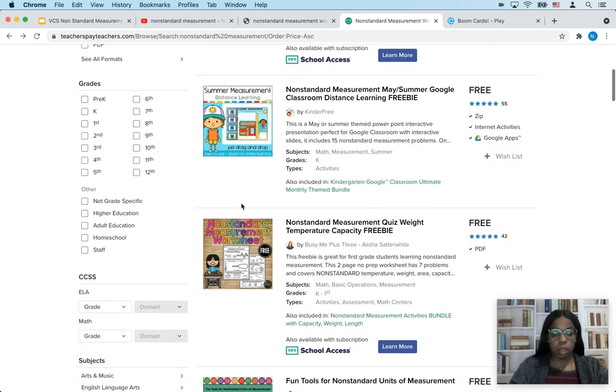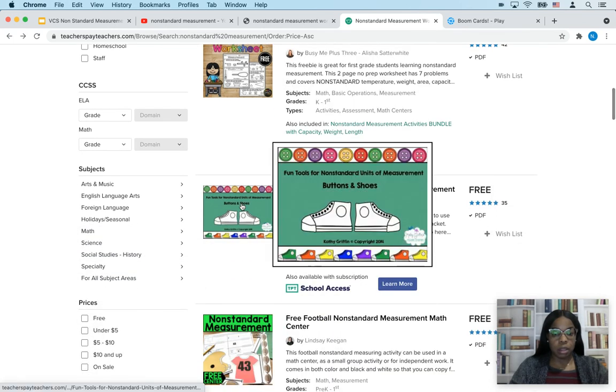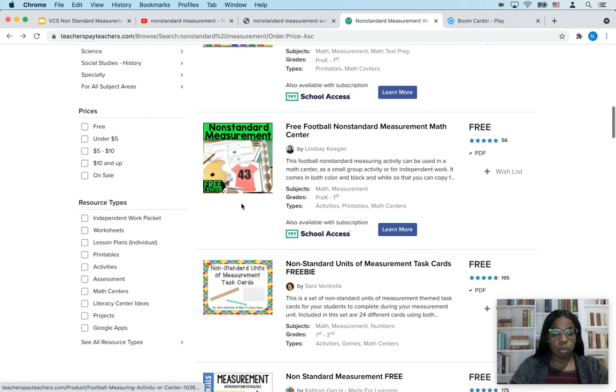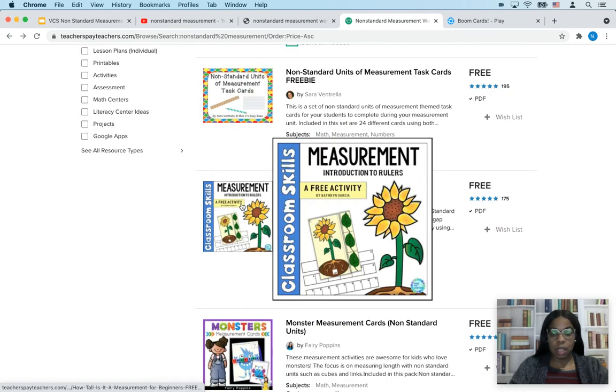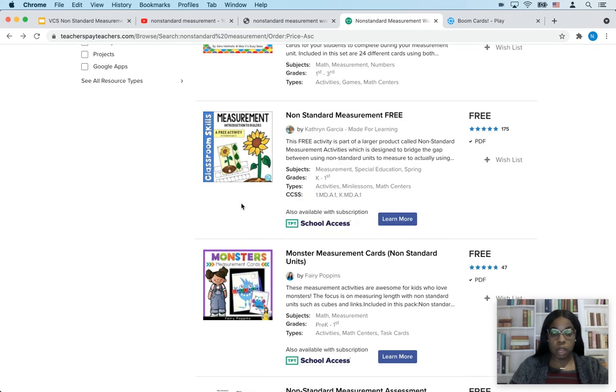Just look through them and pick the ones that best meet your needs. Have insects, buttons and shoes, footballs, in this case, leaves. So once again, you can pretty much use anything to measure when you're talking about non-standard measurement.